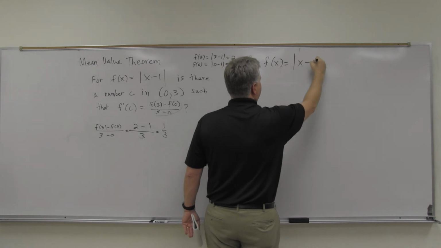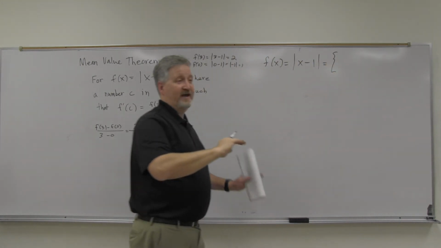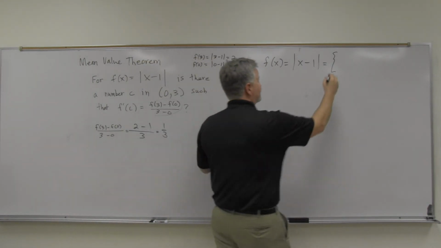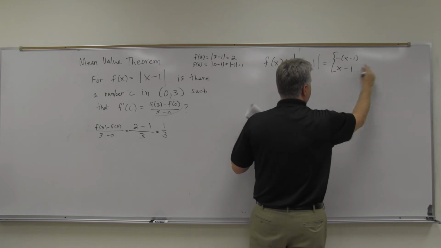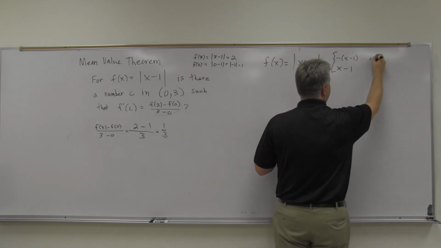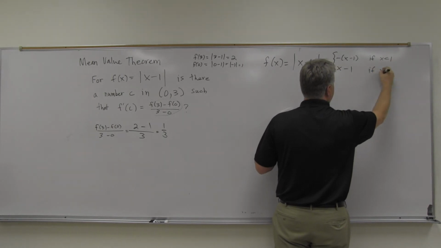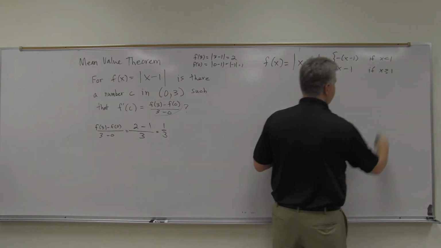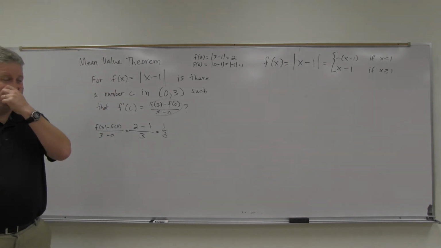I think that would be helpful here. You could have the minus of x minus 1 or just x minus 1, depending upon which x you're talking about. Here it's if x is less than 1, and this is if x is greater than or equal to 1. Remember splitting it off into piecewise?